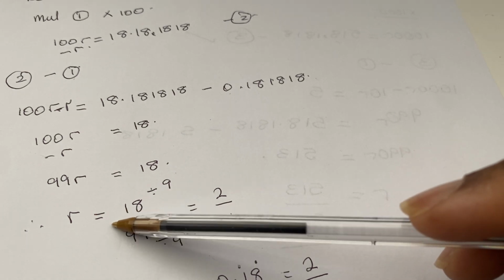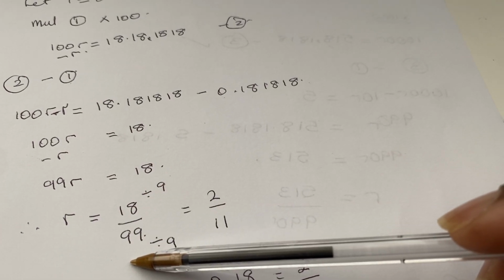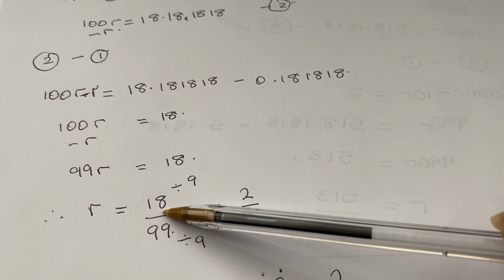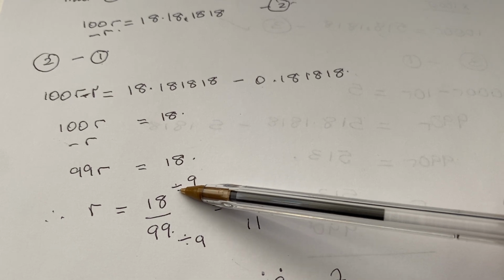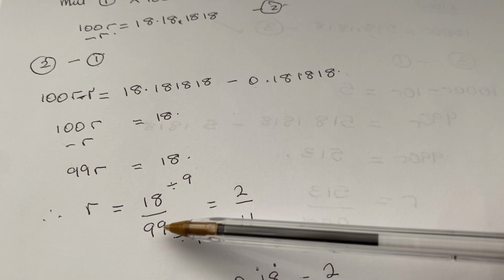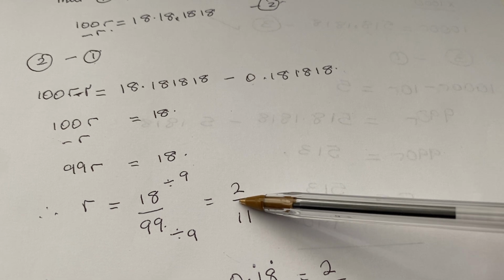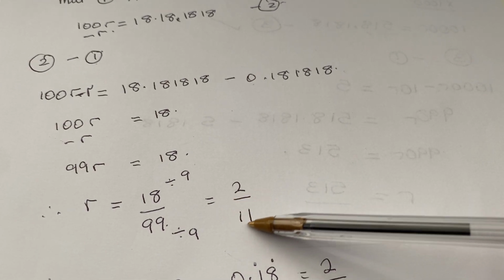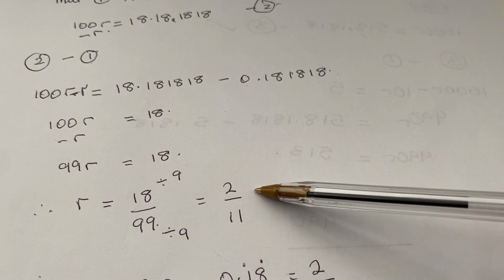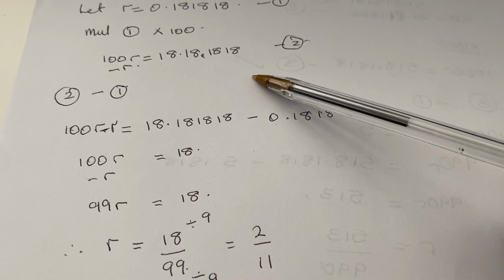So R will be equal to 18 divided by 99. Okay, so again, 18, the numerator, divided by 9, I have 2. 99 divided by 9, I have 11.